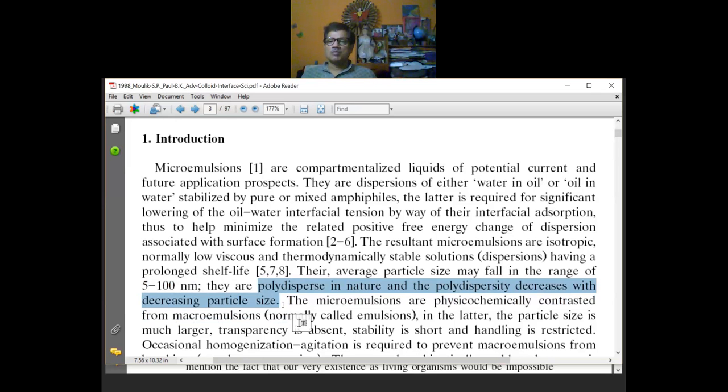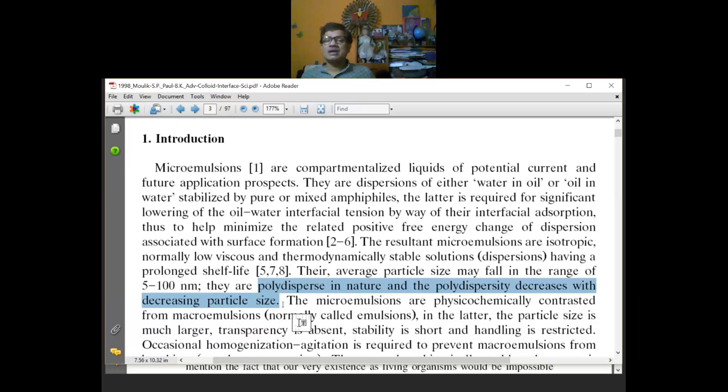So there will be polydispersity, but if the size is reduced, the smaller droplets will have a uniform size distribution, and hence they say that the polydispersity decreases with decreasing particle size.